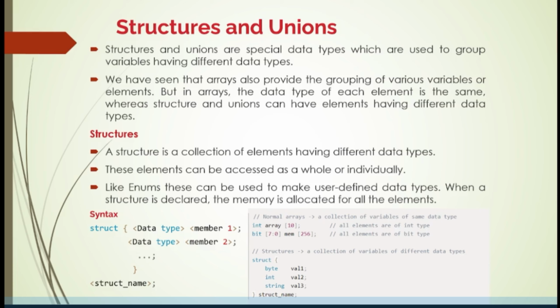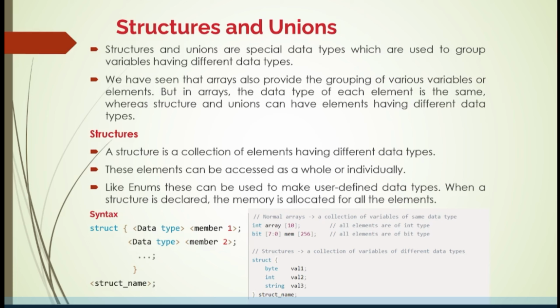Structures and unions you mostly don't observe in many of the Verilog or SystemVerilog codes you see, but they are important based on their usage. So basically, in simple language, a structure is similar to an array. What does an array do?